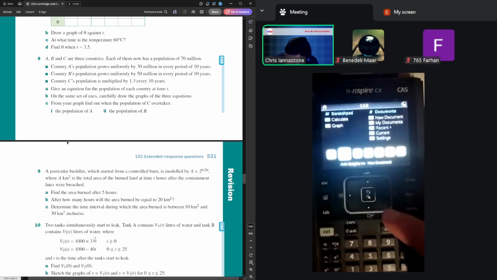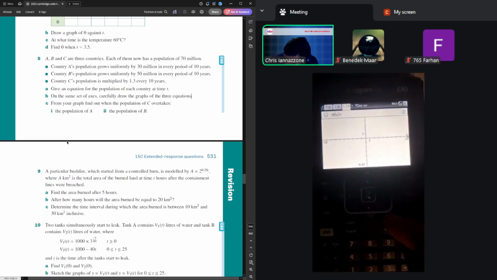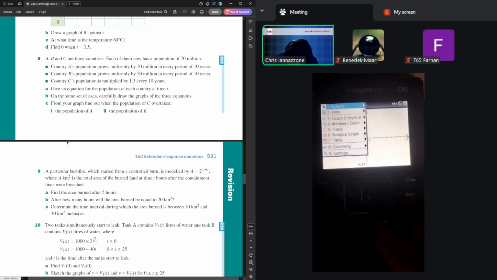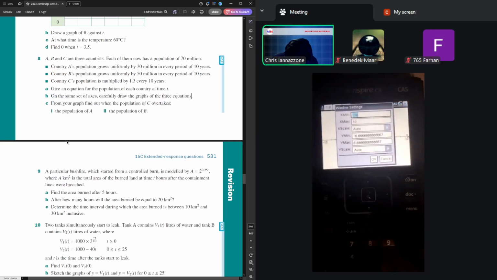So let's see what all of these graphs end up looking like compared to each other. 3x plus 70. And let's get the scaling good. Okay, let's say we're going to do this over 50 years. We're going to be probably approaching 250 million.